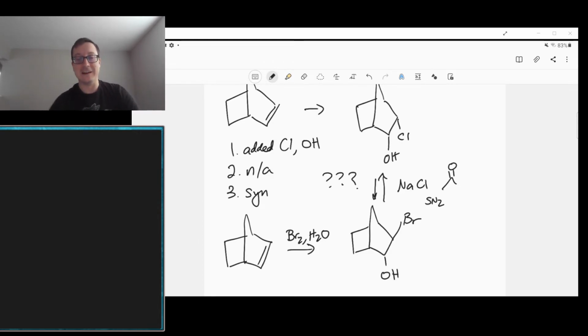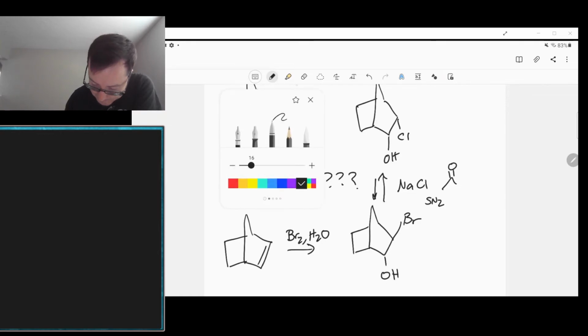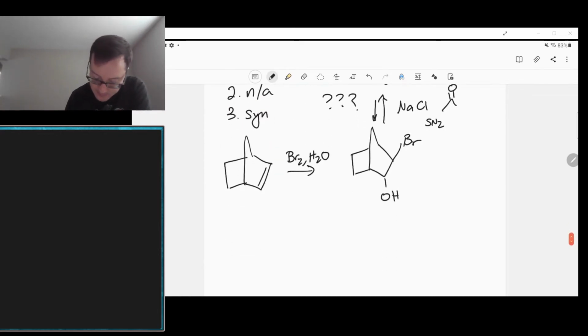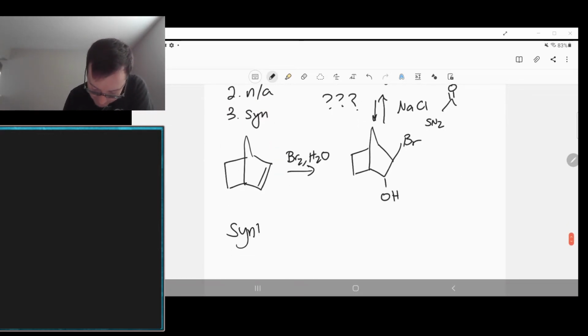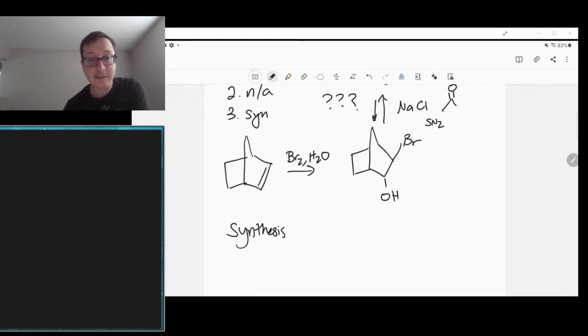Because if you forget your previous stuff, then you're going to be really limited in what you're going to be able to do synthetically speaking. So, predicting the reagents is important. Something like this, it would be harder to predict the reagents for, but you could do it. Let's talk about synthetic strategies, because that's kind of what this is talking about. So synthesis is going to be multiple steps.